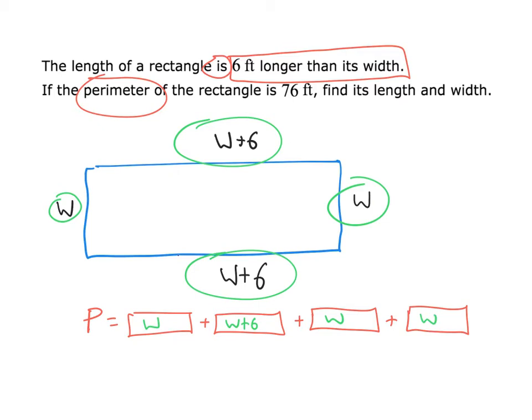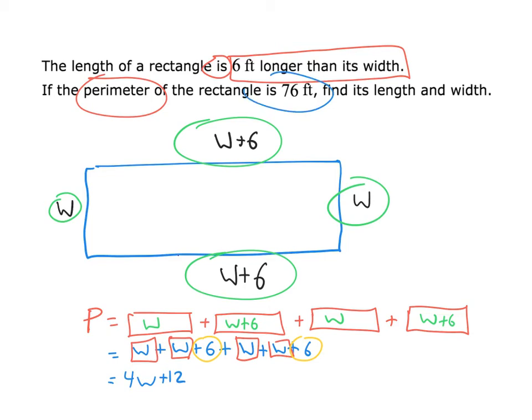And if I draw this out, I get W plus W plus 6, oops, I forgot to add the 6 here, plus W plus 6. And I'm going to add some like terms. I have 1 W, 2 W's, 3 W's, 4 W's. So I'm going to rewrite that as 4W. Here I have 6 and another 6, so I'm going to rewrite that as 12.